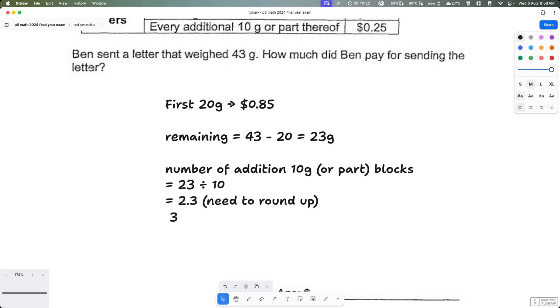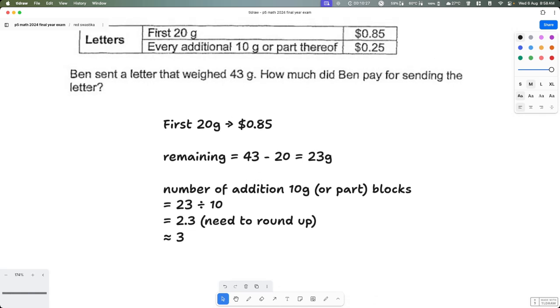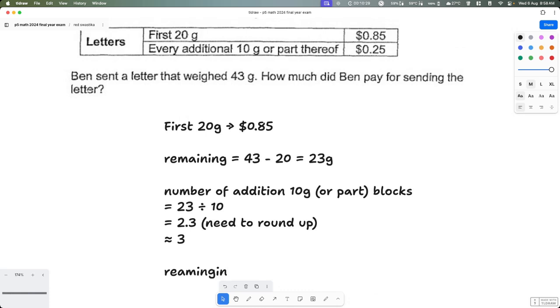Okay, I'm gonna put curly brackets. 3. So that means remaining cost is equal to 3 times 0.25. This will give us 0.75 cents.